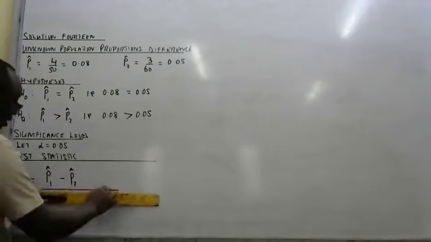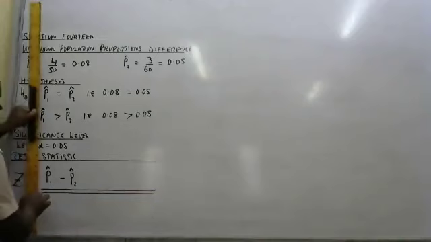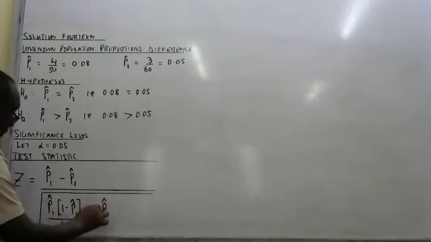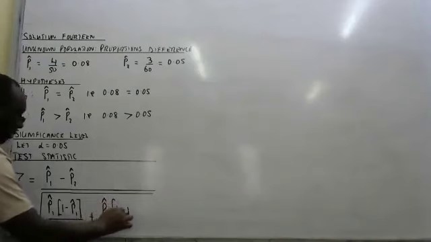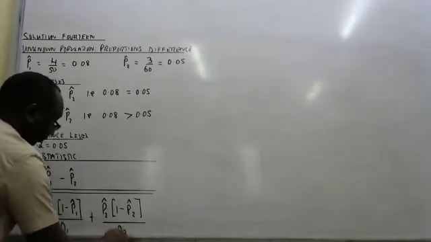So this one is given as sample proportion 1 minus sample proportion 2, divided by the square root of sample proportion 1 times 1 minus sample proportion 1, divided by sample size 1, plus sample proportion 2 times 1 minus sample proportion 2, divided by sample size 2.